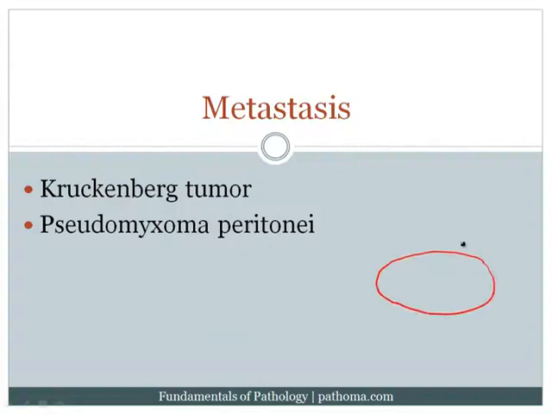Remember that signet ring cells are cells that have their nucleus pushed off to one edge of the cell, and the reason the nucleus is pushed off is because the cell is full of mucus and the mucus displaces the nucleus. Now that's the diffuse type of gastric cancer, and that cancer can spread to both ovaries, giving the patient something called a Krukenberg tumor.